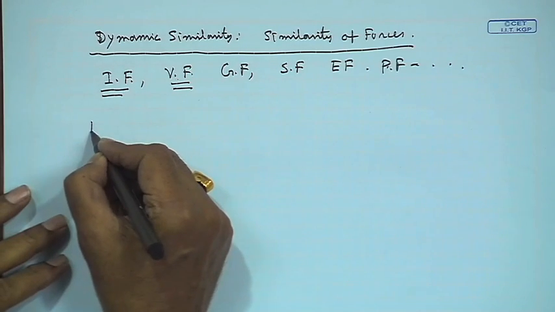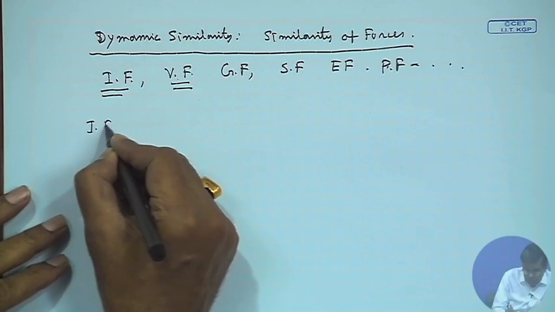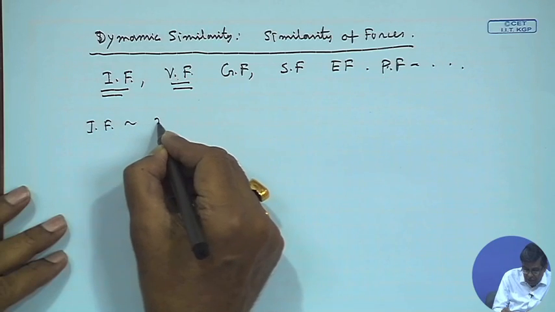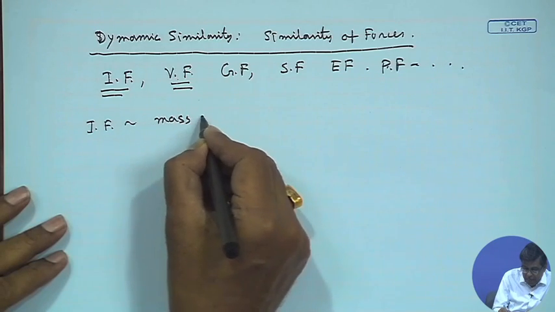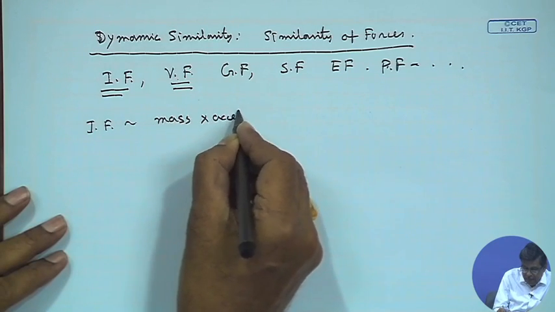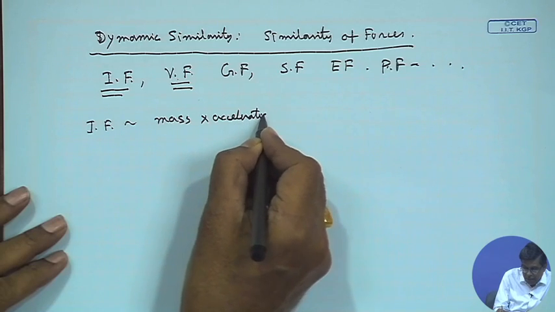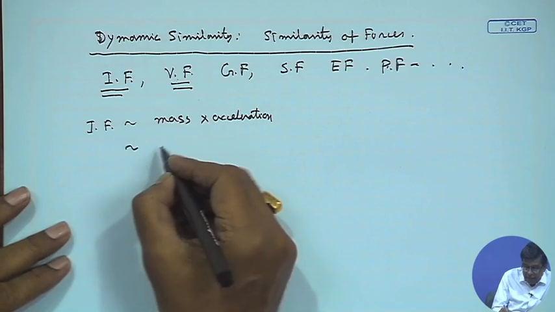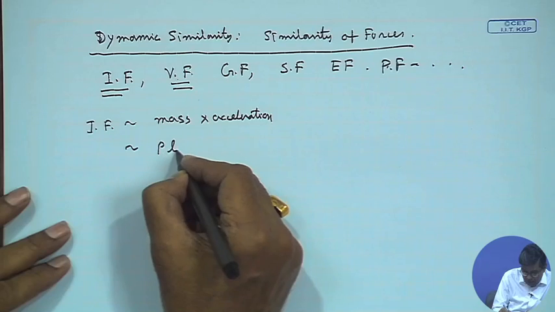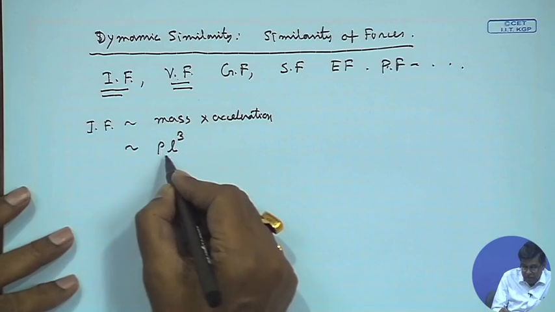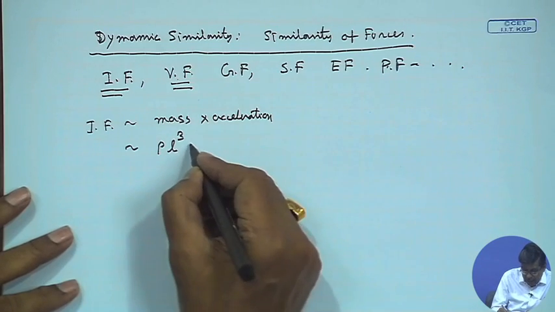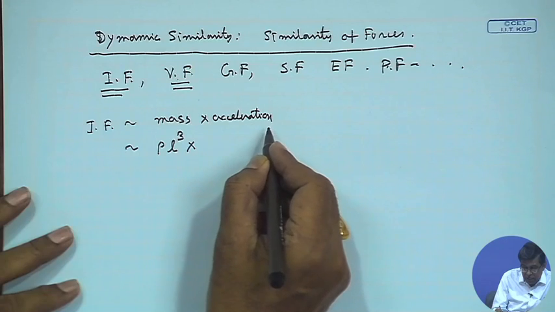So, how is it done? Now, inertia force, if you scale, inertia force is equal to mass times acceleration. Now, what is mass? Mass can be scaled as rho L cubed, if L is the characteristic dimension of this system, and acceleration is the rate of change of velocity.